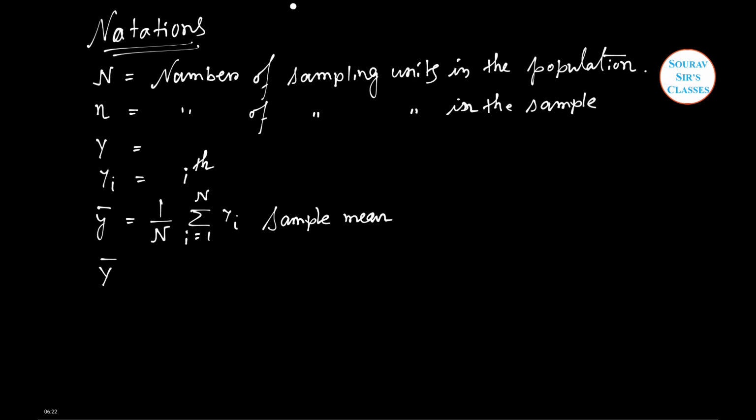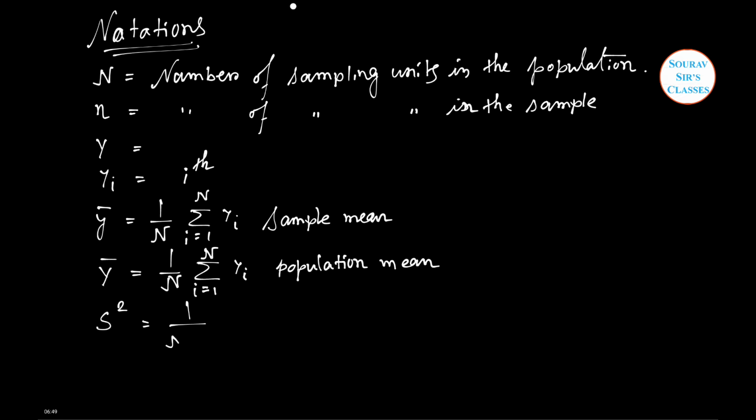Capital Y bar, that equals 1 by capital N summation i equals 1 to N yi, population mean. s square equals 1 by n minus 1 summation i equals 1 to n (yi minus y bar) whole square.